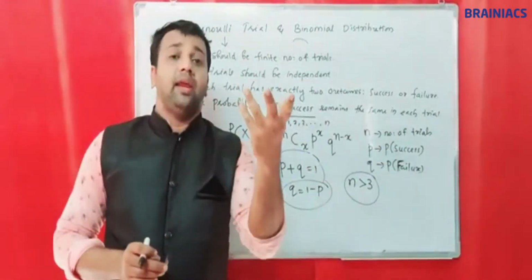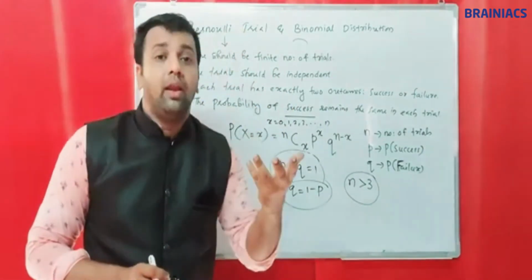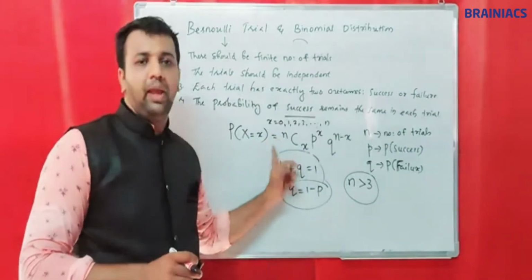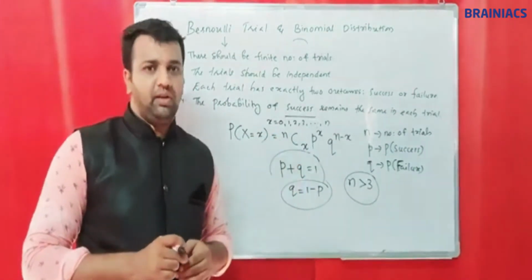When we are throwing a coin 4 times or 5 times, then at that time we can apply the binomial distribution equation.